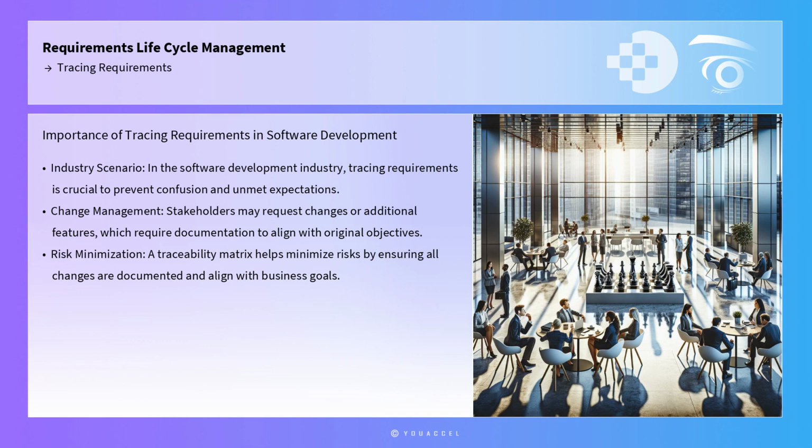Throughout the development process, stakeholders may request changes or additional features. Without a robust requirements traceability process, these changes could lead to confusion, unmet expectations, or even project failure. However, by using a traceability matrix, the development team can ensure that all changes are documented and aligned with the original business objectives, thereby minimizing risks and enhancing product quality.